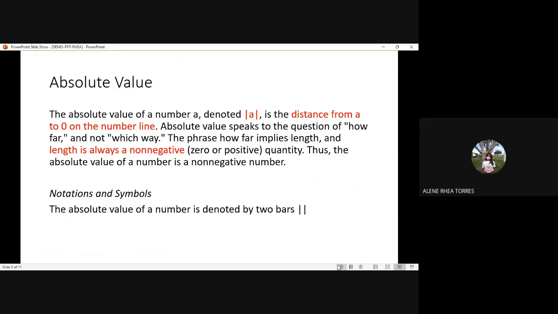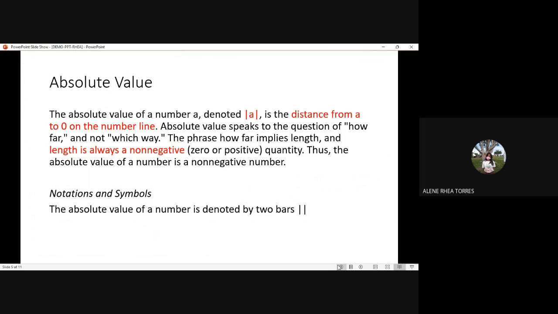And syempre, what if mangutana ang question na si Angelica nag-travel siya 100 miles from Aloy's house. So pila ang ilang absolute value? Mag-ihap-ihap pa ka og 1, 2, 3 hangtod 100, di ba dili na. So atong buhaton ana, we have the equations.